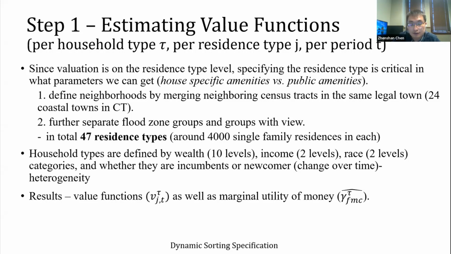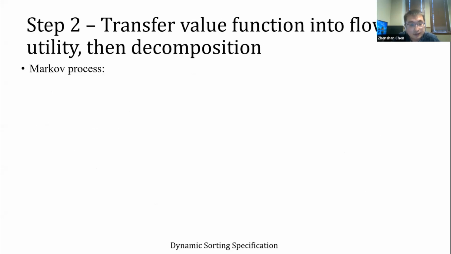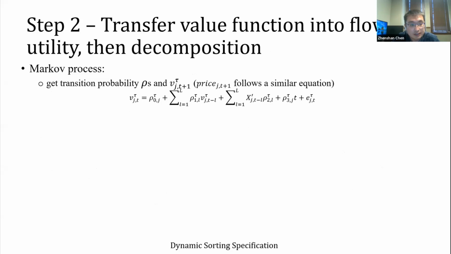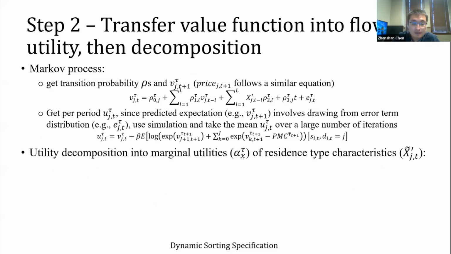The results of the first step estimation would be the value functions as well as the marginal utility of money, because we use the financial and psychological moving cost in the first step utility function estimation process. Then, breaking those value functions into flow utility, we assume a Markov process in the expectations, and I'll skip that.